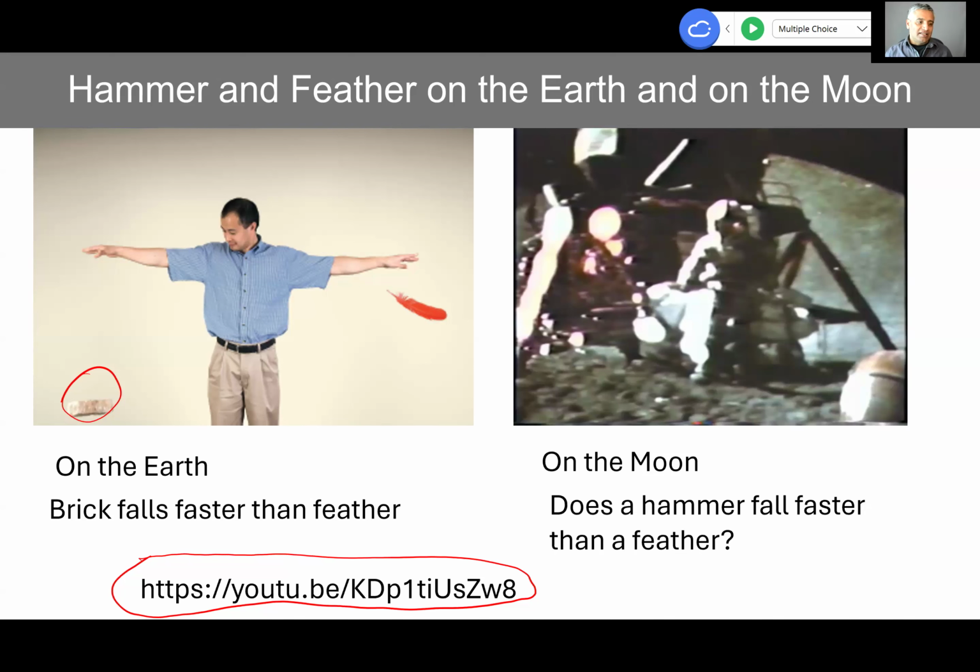The same idea here. There is a comment from Nicholas. Yep, Nicholas, that's right. Thank you for writing that down.